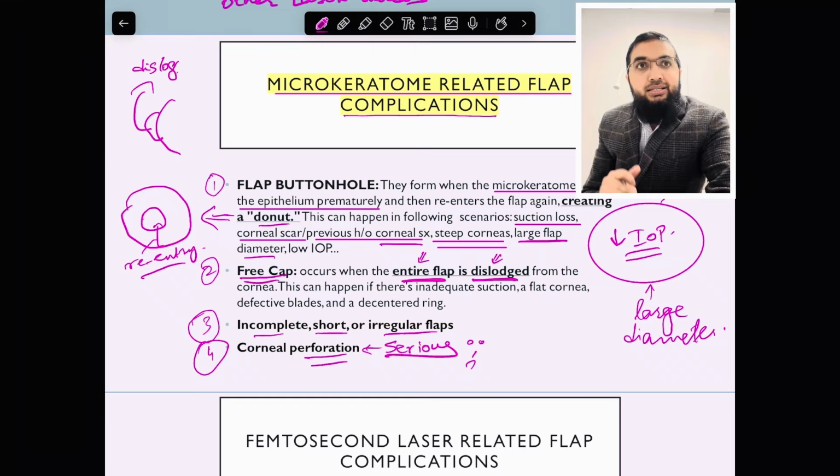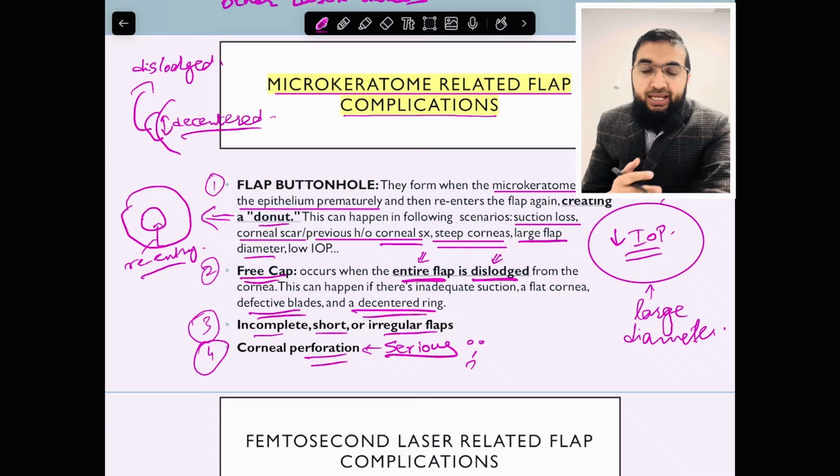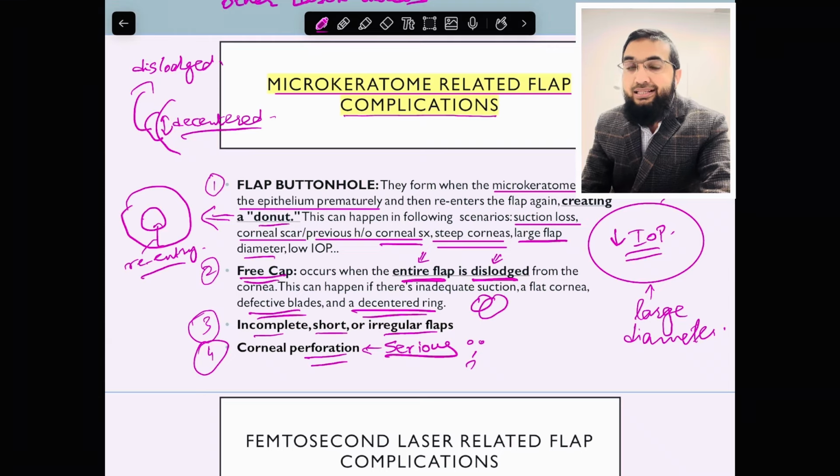If that ring is decentered, then you can have this complication called free cap, which is not a good thing to happen to some patients, because they will hate their surgery, they will hate their vision after the surgery.